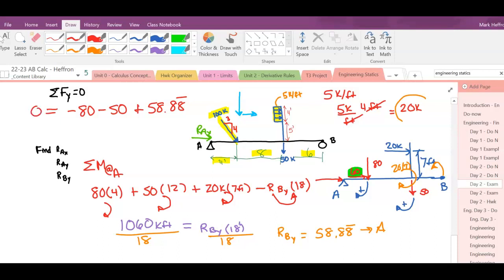All this equals 0 plus my reaction at A. I would probably keep the reaction at A on the right and then add 80, add 50, and subtract this 58.88, and we will have 71.11 repeating. There are both reactions. Both of them were assumed up, and they were positive, so they're both going up.